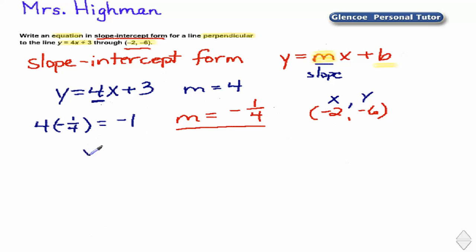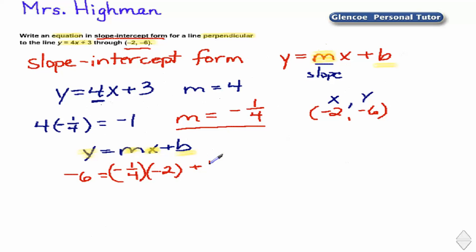So in slope-intercept form, y equals mx plus b, if we substitute those values in, we can find the b, or the y-intercept. So y, we said, is -6. The slope we found is -1/4. And we're going to multiply that by our x value, which is -2, and then plus b. And b is what we're trying to find.